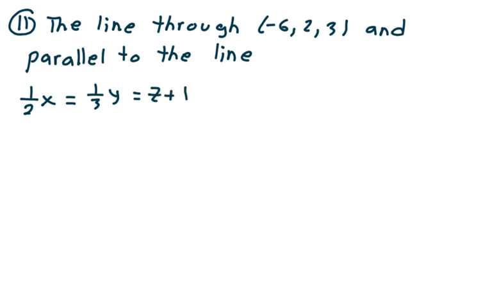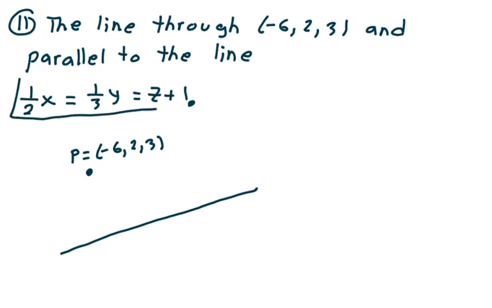Now, let's see if we can draw a picture of what this looks like. We have a point, which we'll call P, and that's -6, 2, 3. And we have a line L, which is represented by these symmetric equations.